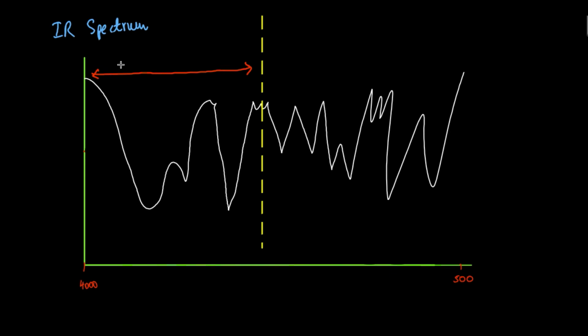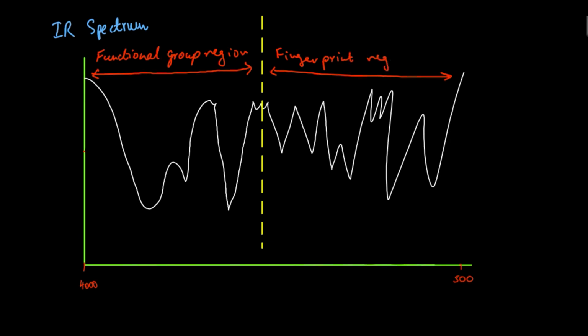The first half is called the functional group region, and the second half is called the fingerprint region. Now each of these regions have specific wave numbers allotted to their respective regions.